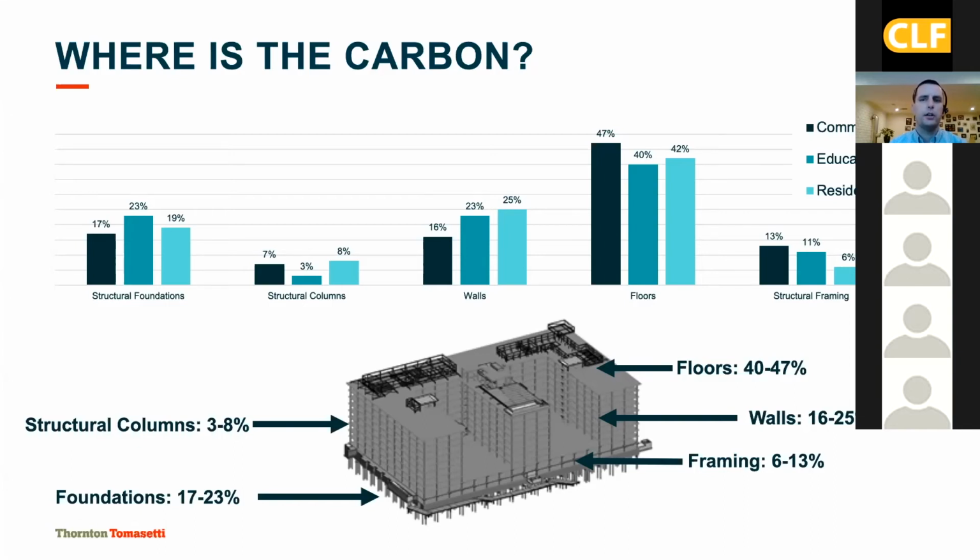It's the horizontal elements of the floor systems. That's between 50 and 60%. And for a typical commercial office building, it's 60% of the embodied carbon in the structure. So that's a target for us, right? Whatever reductions we can make in floor framing and floor slabs has a much bigger impact.